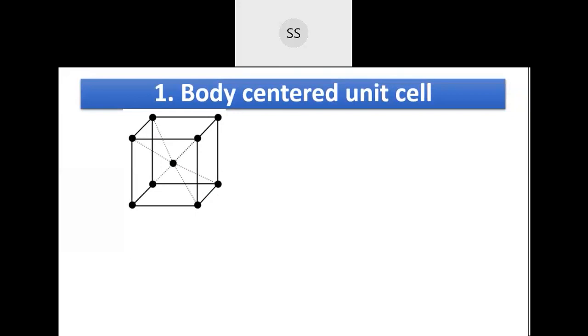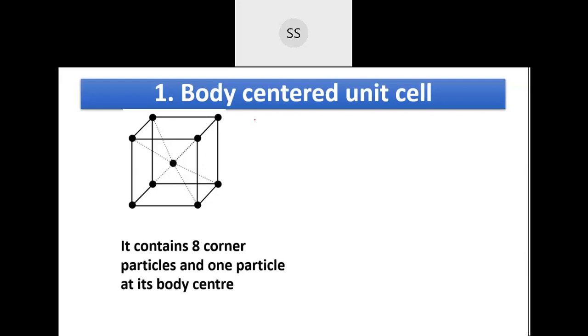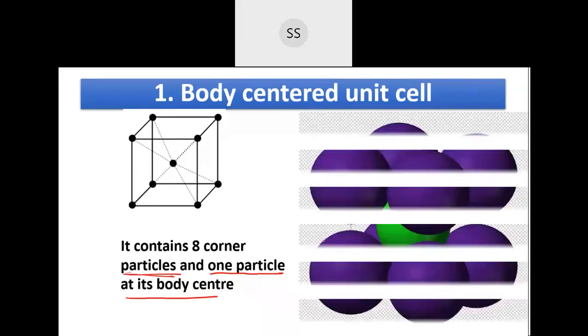Along with that, if you place one atom in the center of your room, that will be called body-centered unit cell. One whole atom is present in the center, but then at the corner also there are atoms present. So that comes under body-centered. It contains 8 corner particles, but along with that, one particle is present at the body center. So this is how the arrangement will be.